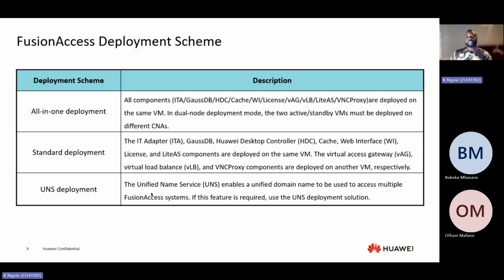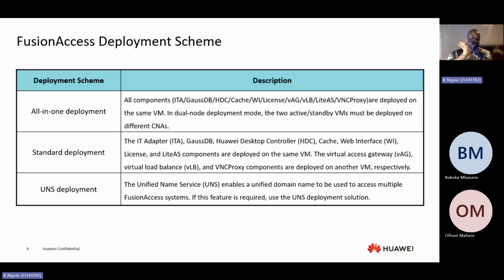The standard deployment is for a user quantity of 500 to 10,000. In this mode, FusionAccess components are deployed separately across multiple servers or virtual machines to improve performance and scalability as well.